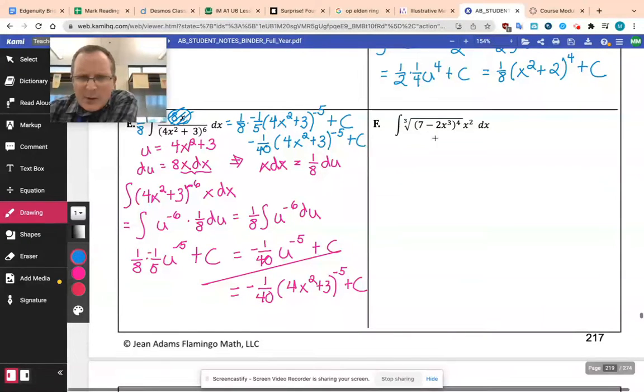Okay, so let's rewrite this one as the antiderivative of (7 minus 2x cubed) to the 4/3, and then we have an x squared dx.